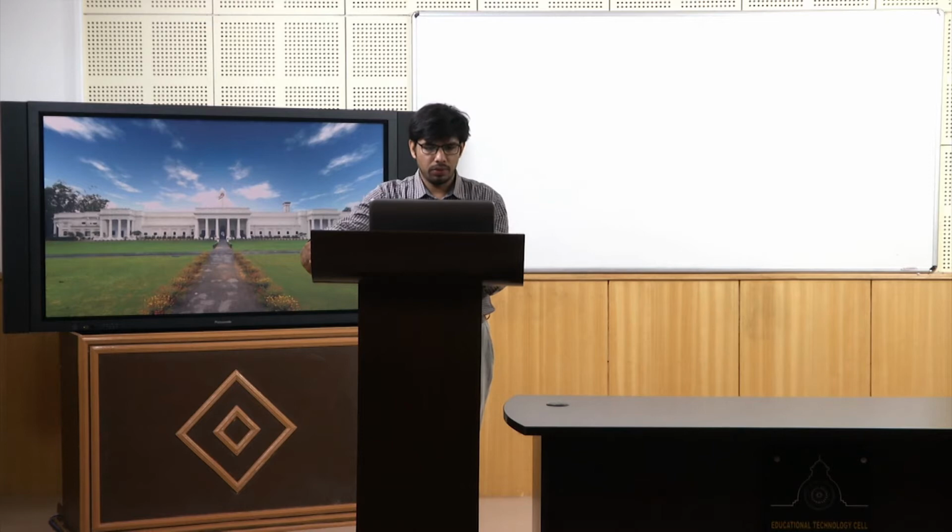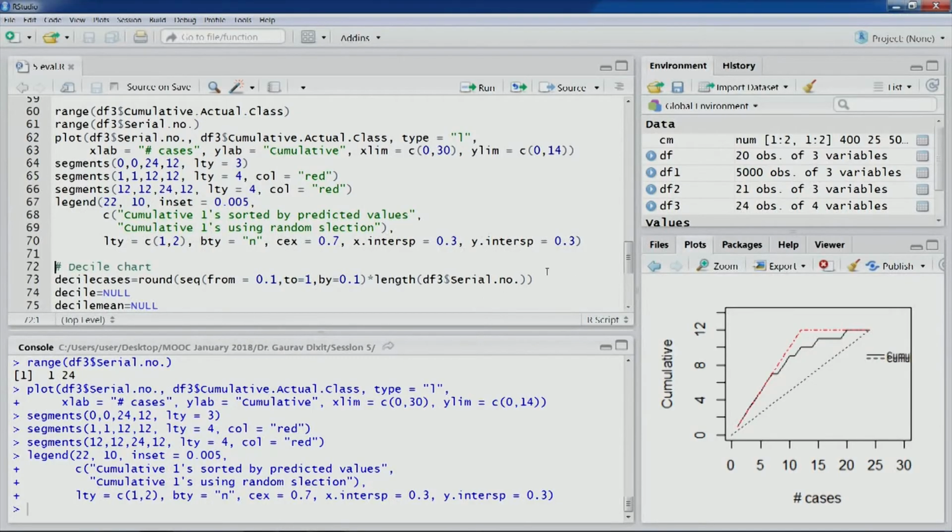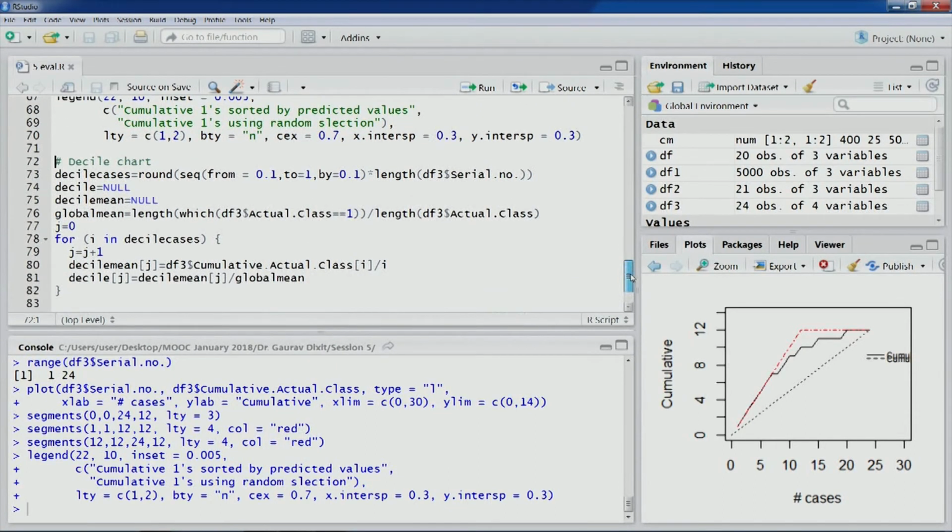So, let us open RStudio and generate the decile chart. Before generating the decile chart, we need to create a few variables.